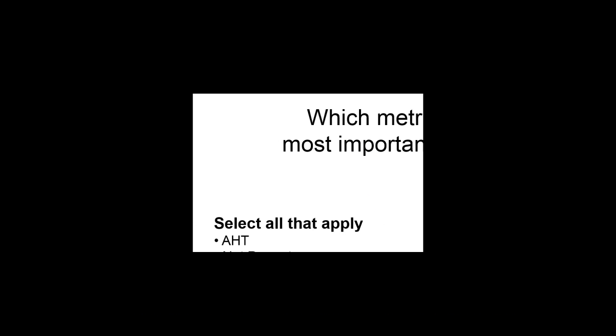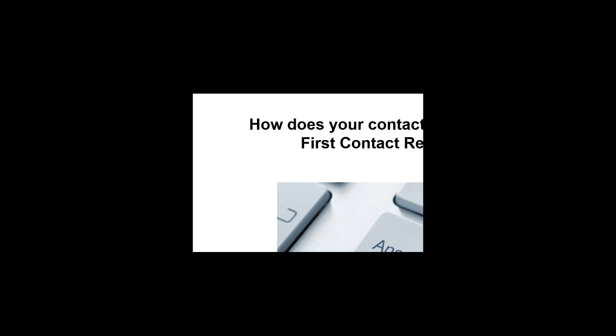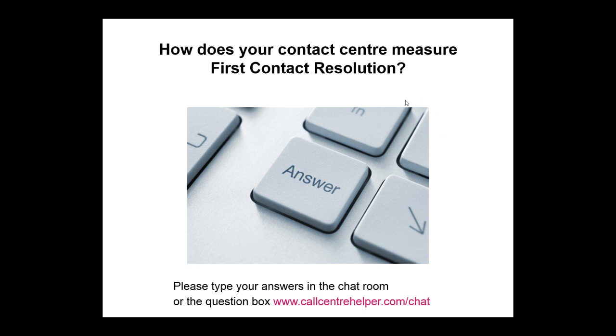First contact resolution, I've noticed in the last 6 months or so, is really starting to come up the scales of all the surveys we do. I'd just like to drill down on that one a little bit more. If you go into the chat room now, if you're one of the 57% who put down first contact resolution, how do you measure first contact resolution in your contact center?